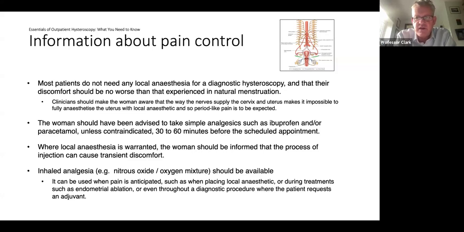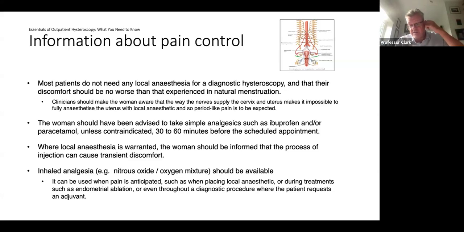So they will still feel the contractions and some pelvic pain, and often administration of local anesthesia in the form of injectable anesthesia into the cervix, both direct blocks or paracervical blocks, can in and of themselves be uncomfortable. And so for that reason, if you can adopt a vaginoscopic approach, which we'll come on to, and use small diameter scopes, often the use of local anesthetic is not necessary and can make the procedure more uncomfortable. So it is often better avoided.